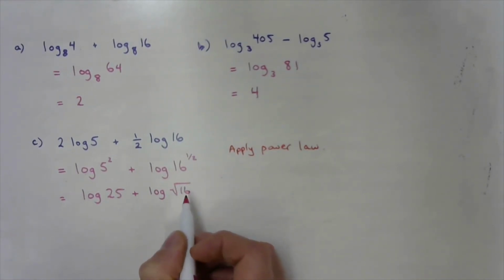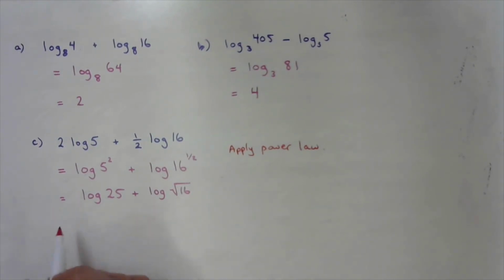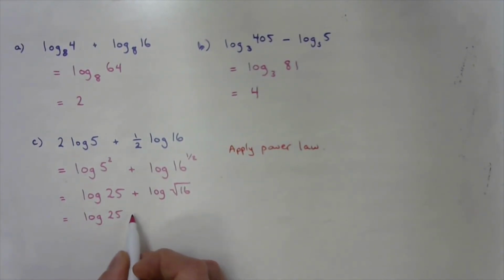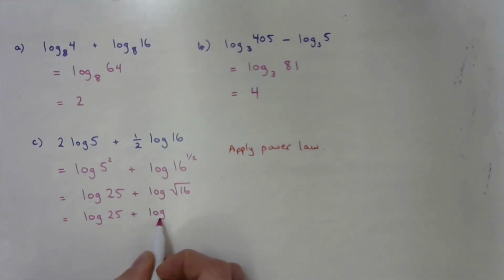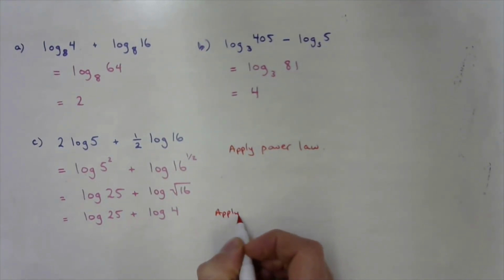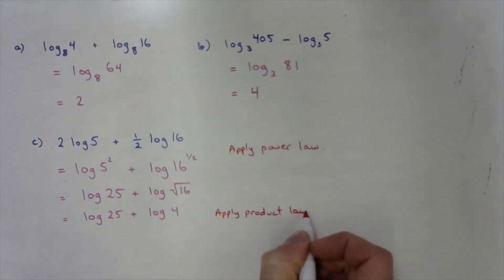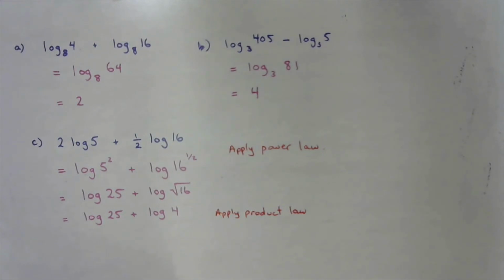Okay, so that right there tells you 16 to the power of 1/2 is the exact same as the square root of 16, which then the next step is fairly straightforward. We have log of 25 plus the log of 4. Hopefully you can see that now. And now we can apply our product law.